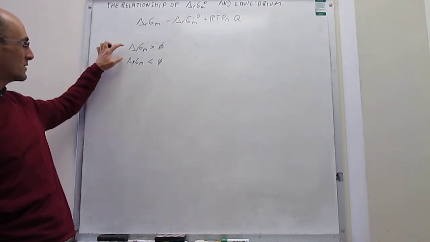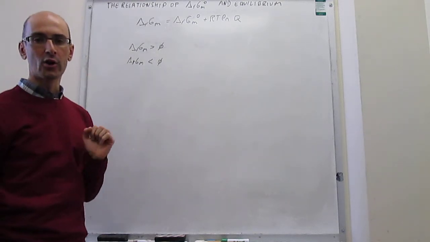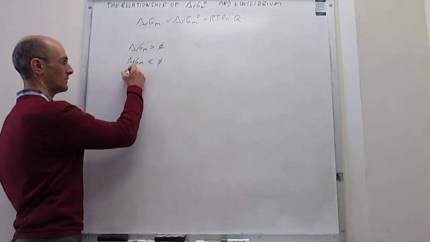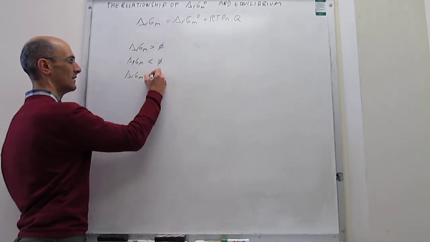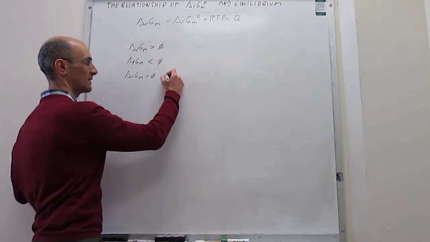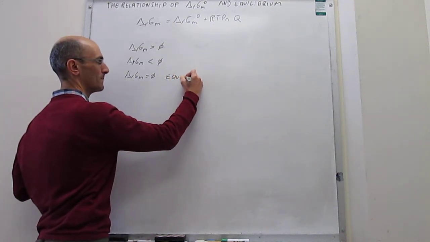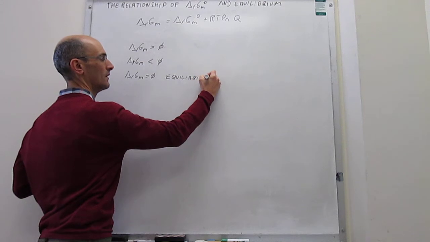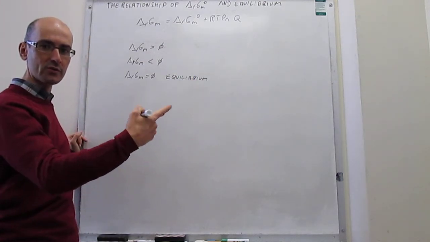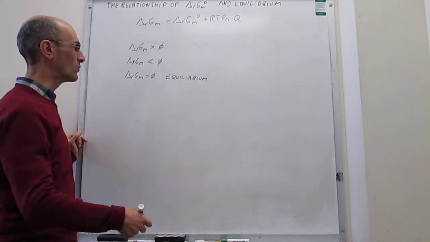And again, these requirements require constant pressure and temperature. But there's another case, which is what happens if the molar Gibbs energy happens to be exactly zero. Well, if this is exactly zero, then we're at equilibrium, right? The reaction is not spontaneous in the forward direction or the reverse direction. Instead, you actually have reached equilibrium.